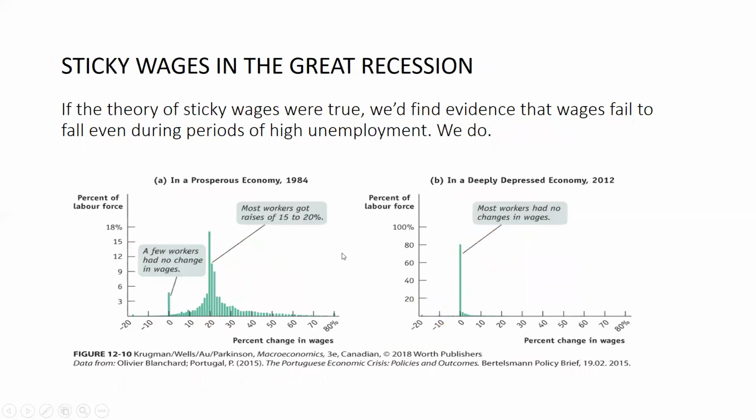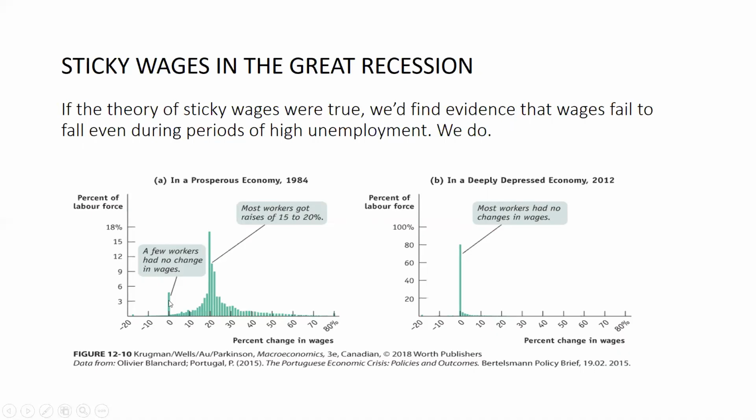Very important for all of these ideas is the idea of sticky wages, an idea that is very controversial among economists. But here we have a little bit of evidence of how wages change during periods of economic recession and economic boom. In panel A, in a prosperous economy in 1984, as the economy was growing, most workers were receiving increases in their wages.